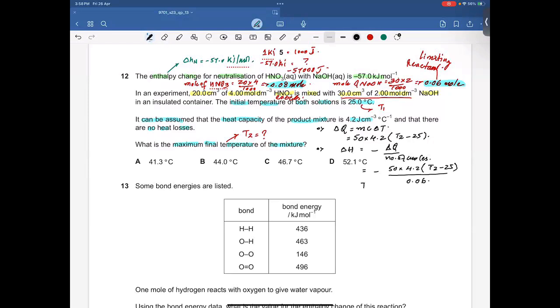So from here, I'll get the T2 value. T2 is 16.3. All right. So initial temperature is 25, final temperature is 16.3. Sorry, T2 is 16.3. So temperature change, final temperature.